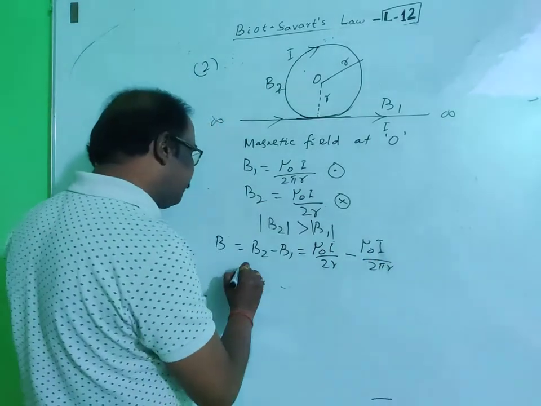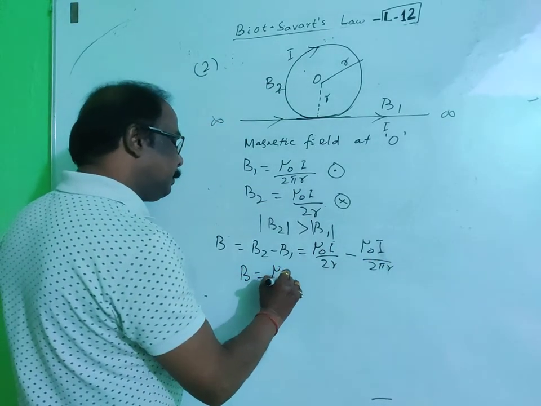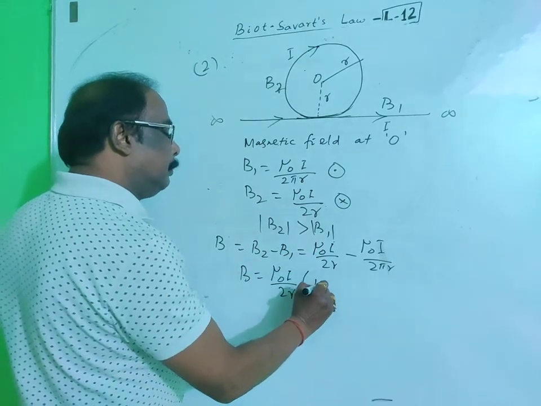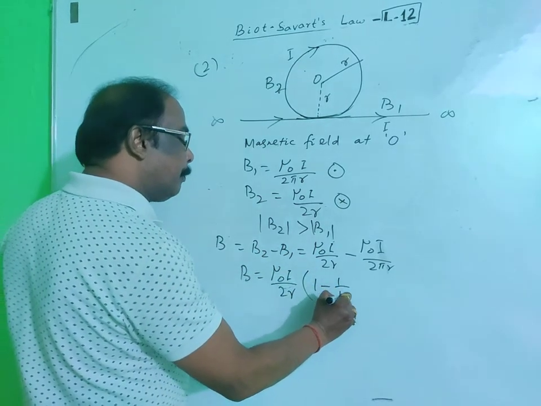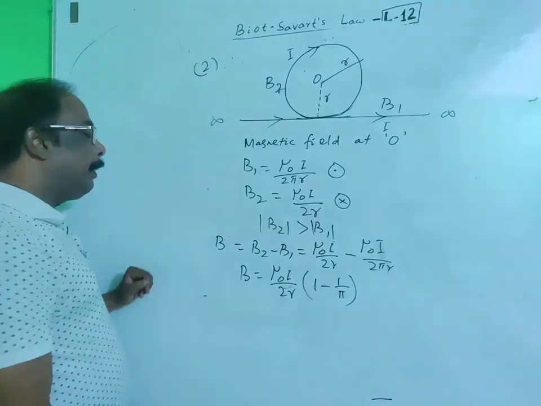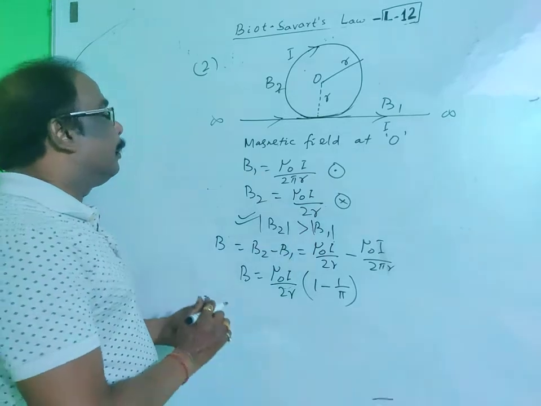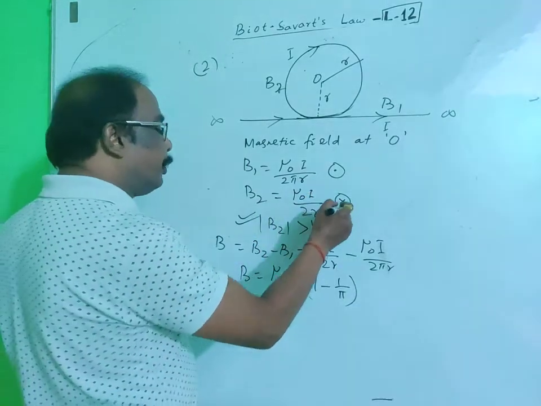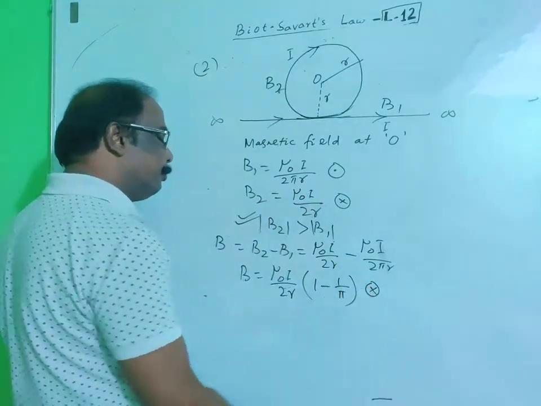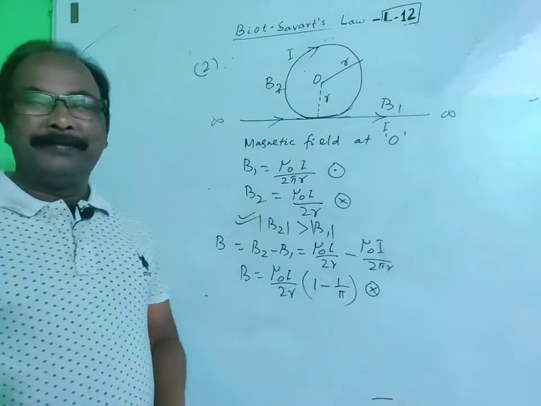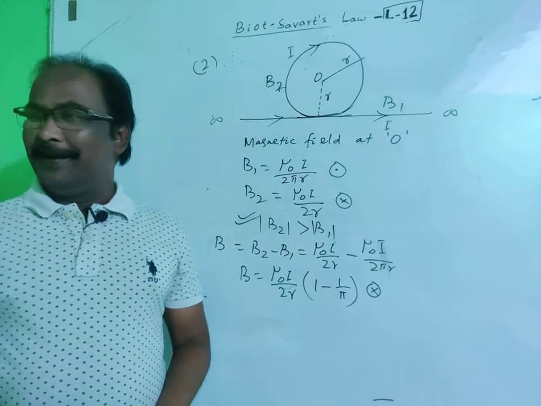Then solving it, mu naught I by 2r into (1 minus 1 by pi). Then what is the direction? Direction will be along B2, since B2 is greater than B1. Direction of B2 is inwards, so the resulting field is inwards. Is it clear to all?